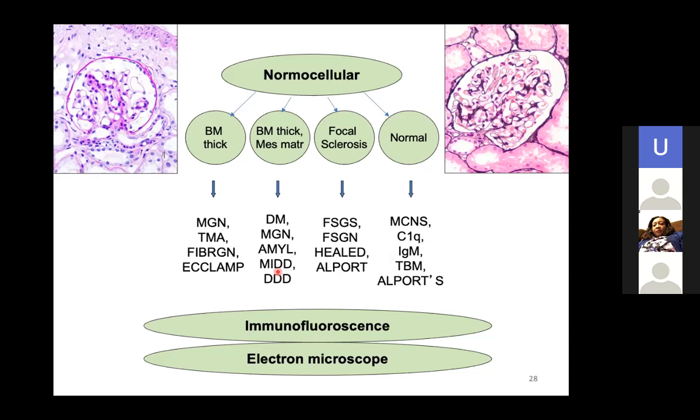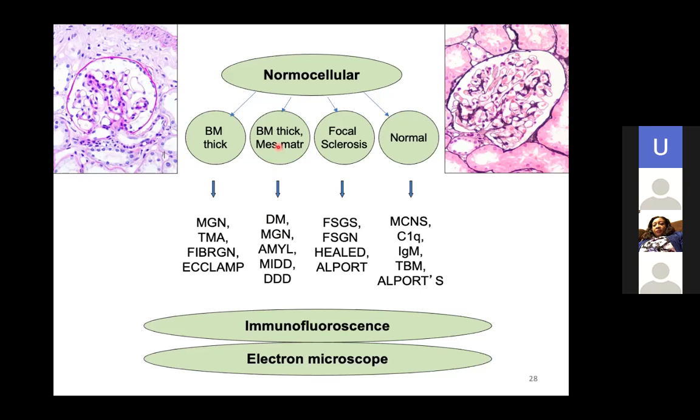So this is just to recapitulate that with a normal cellular glomerulus, we can have different scenarios. A perfectly normal membrane would mean minimal change disease or something like thin basement membrane disease, or could be a part of Alport syndrome. If you are having segmental sclerosis, it could be FSGS, a focal segmental glomerulonephritis which has healed, or it still could be Alport's.